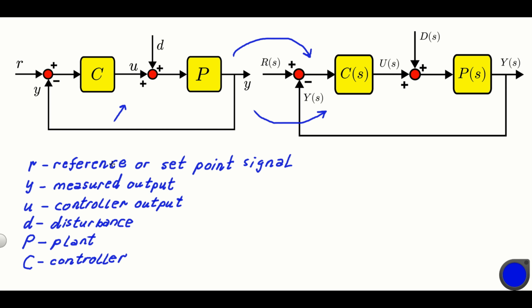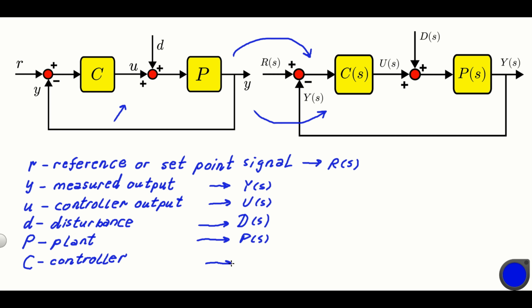The Laplace transform of the reference signal is denoted by capital R of S. Then, the Laplace transform of the measured output signal is denoted by capital Y of S. Laplace transform of the controller output is similarly U of S. The Laplace transform of the disturbance is capital D of S, and the transfer function of our plant is capital P of S, and the transfer function of our controller is capital C of S. And these signals are shown over here.